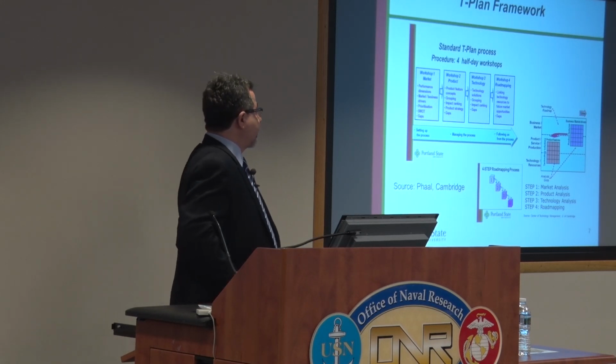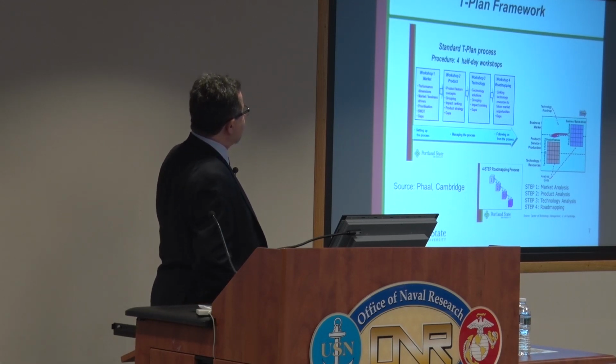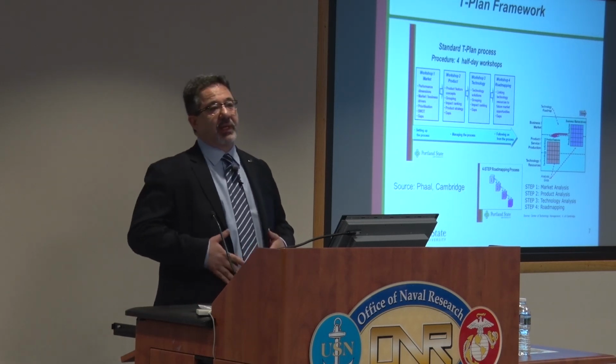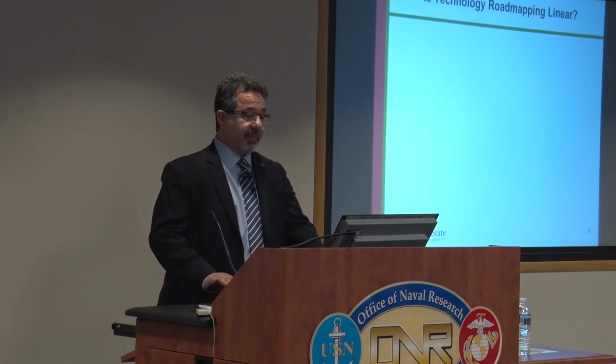And then you can use, and I'll show you some examples, several different tools to identify these gaps. One of them shown here is called quality function deployment. It's a very well-known tool from product development.